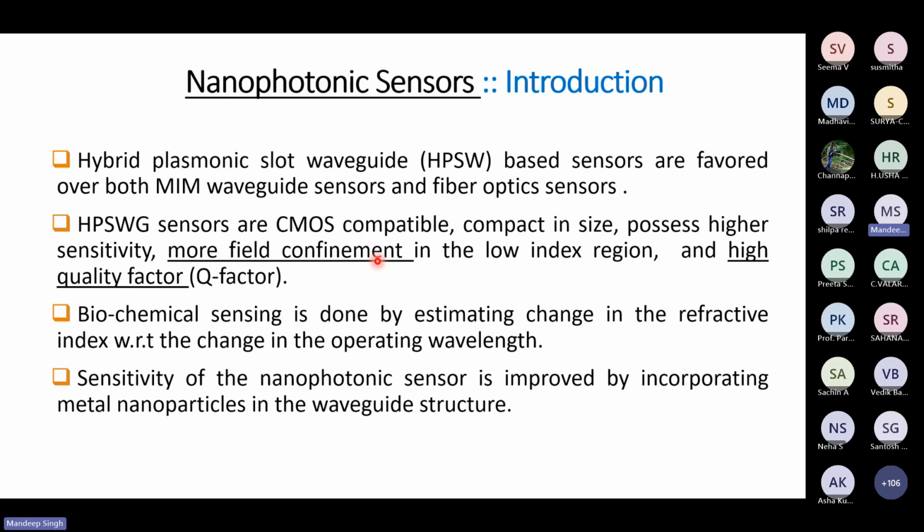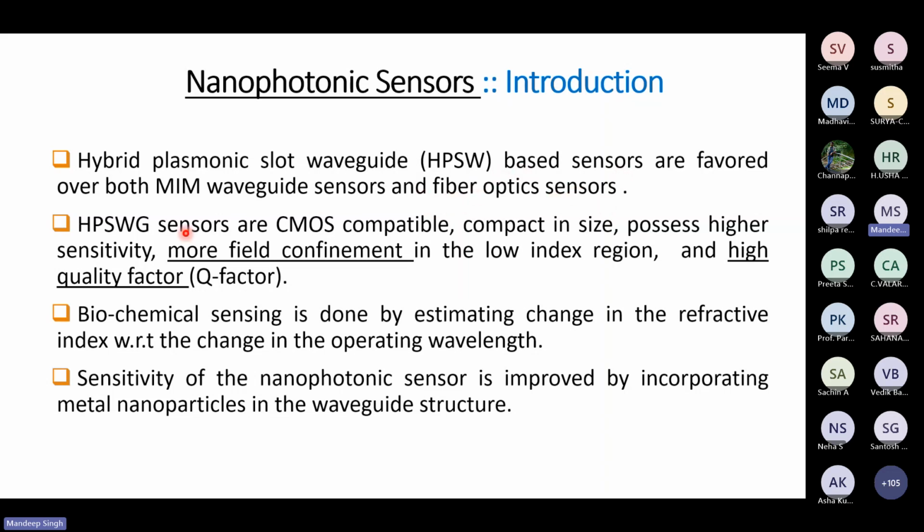Because of their advantages of better confinement and low loss at high frequency, hybrid plasmonic slot waveguide based sensors are favored over the simple metal insulator metal waveguide, because with more metal, such waveguides have more loss. We can even use it in contrast to fiber optic sensors, due to the diffraction limit problem.